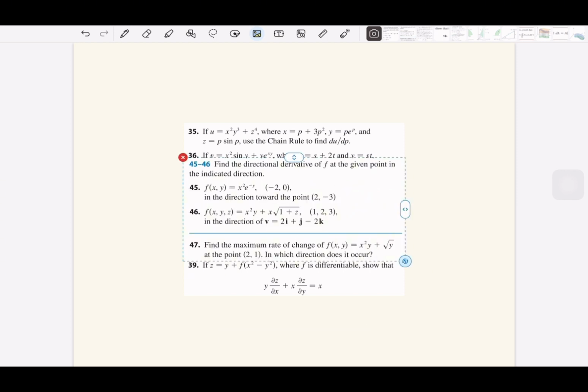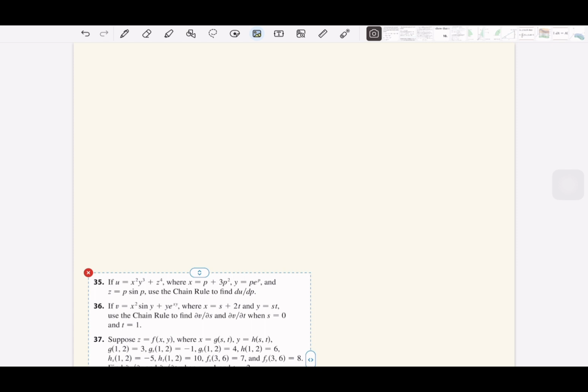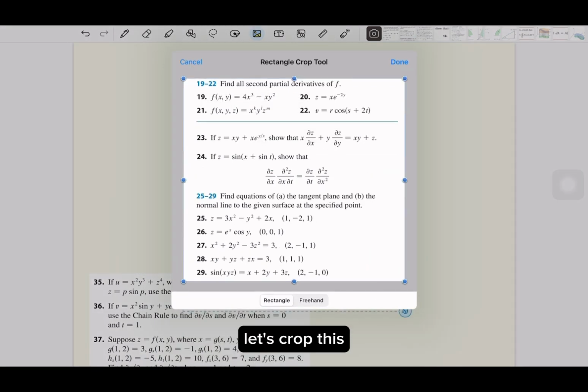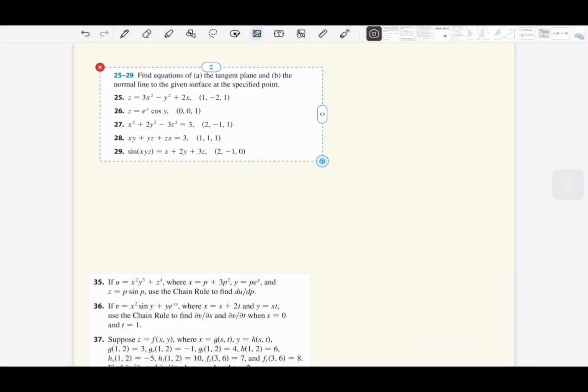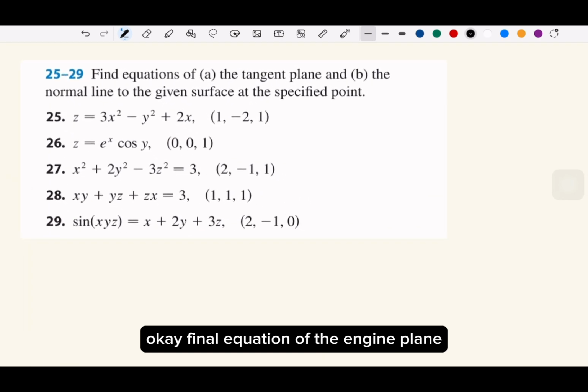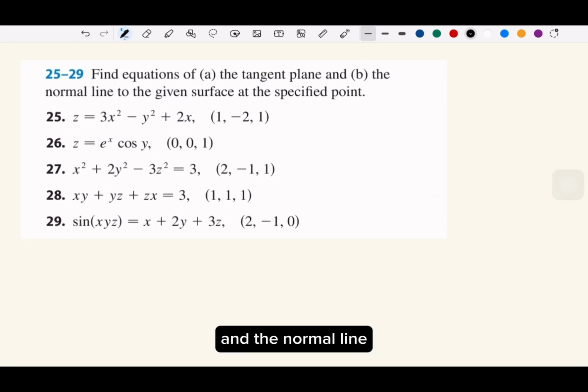Okay, find the equation of the tangent plane and the normal line.